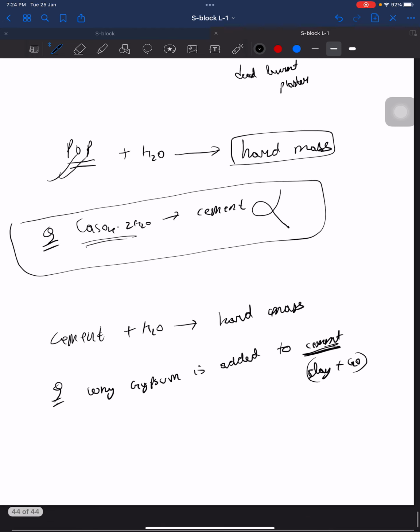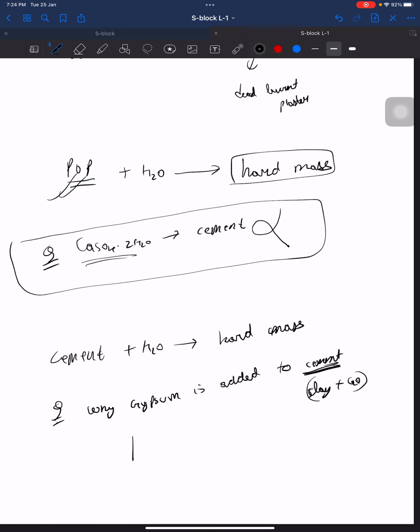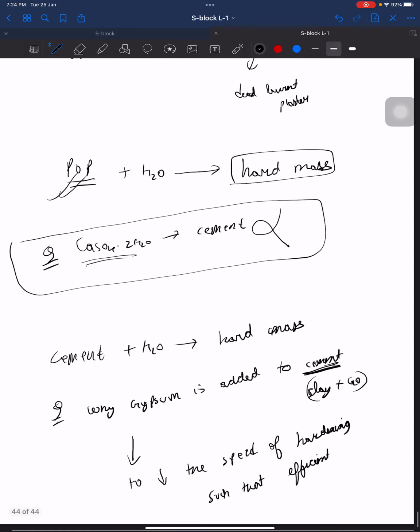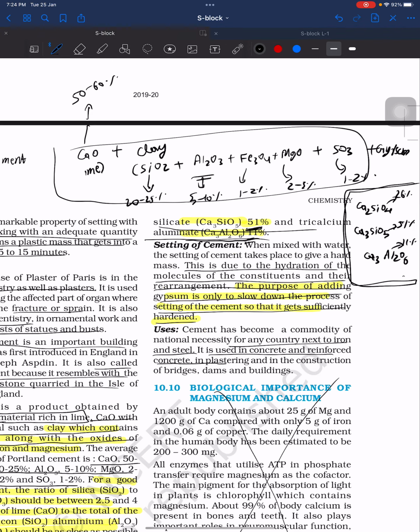Okay, so this is done to reduce the speed of hardening, such that the efficiency of hardening is very good. The more time it takes to harden, the better it gets hardened. Okay, so the efficiency of hardening increases, right? This is why it is done.